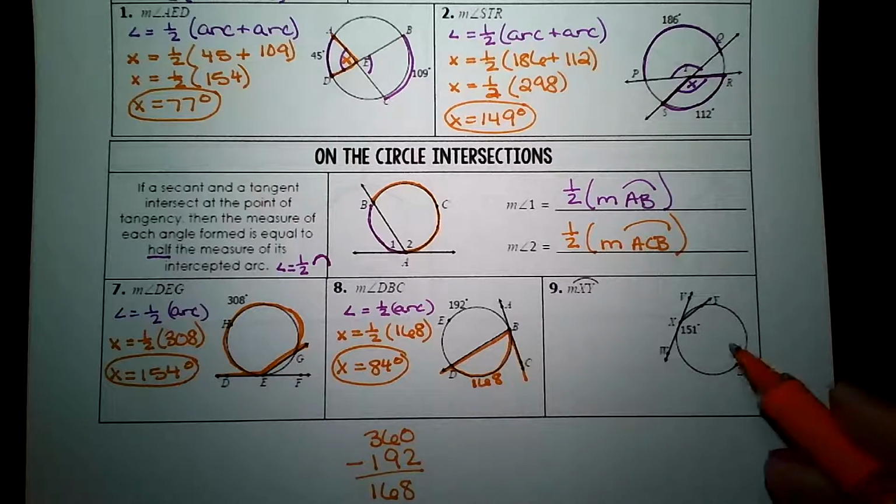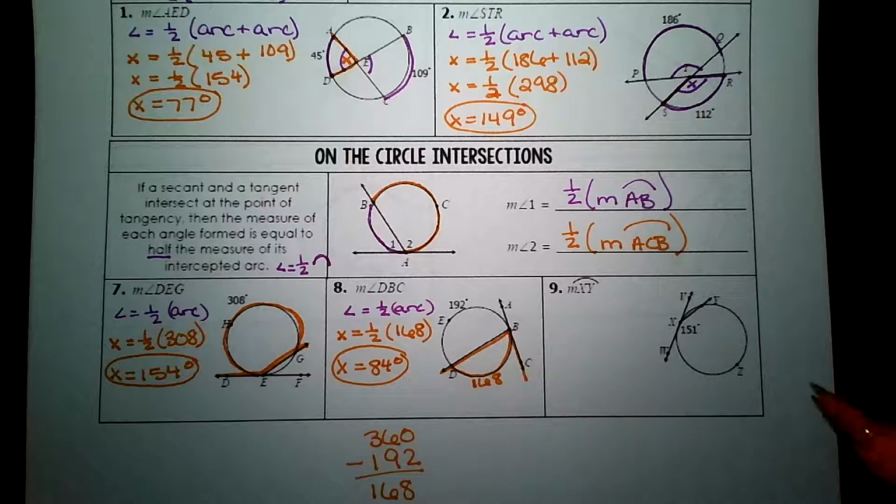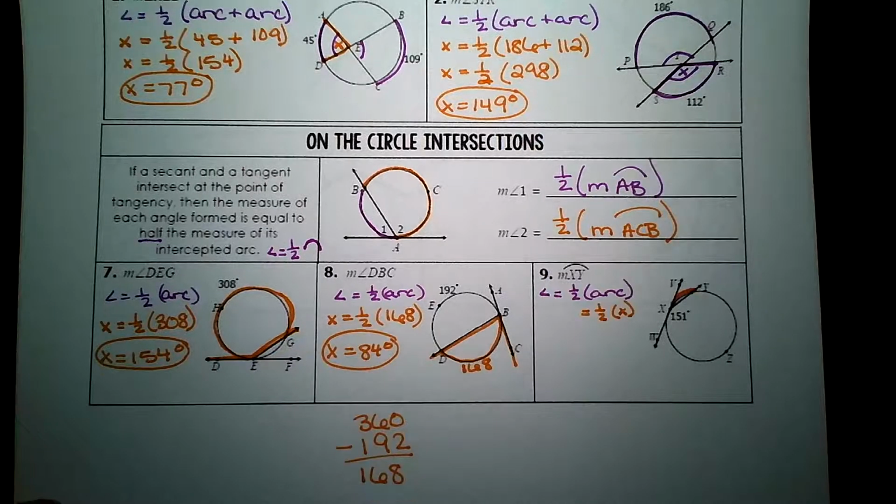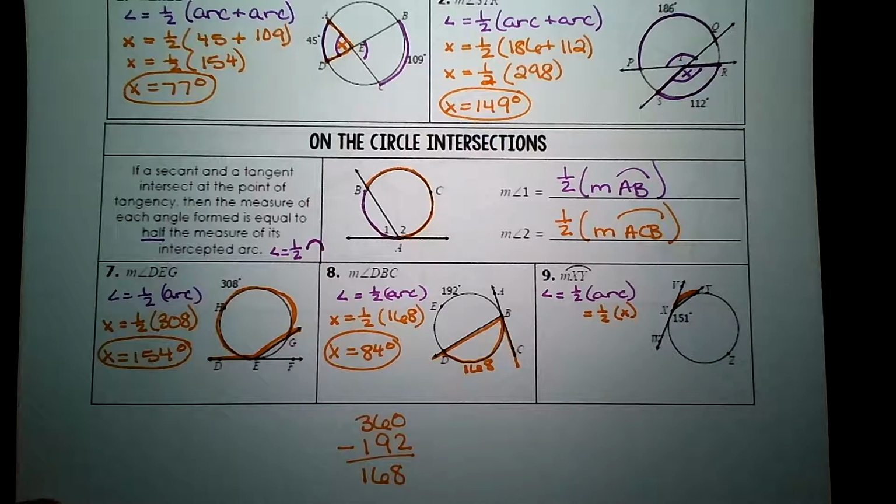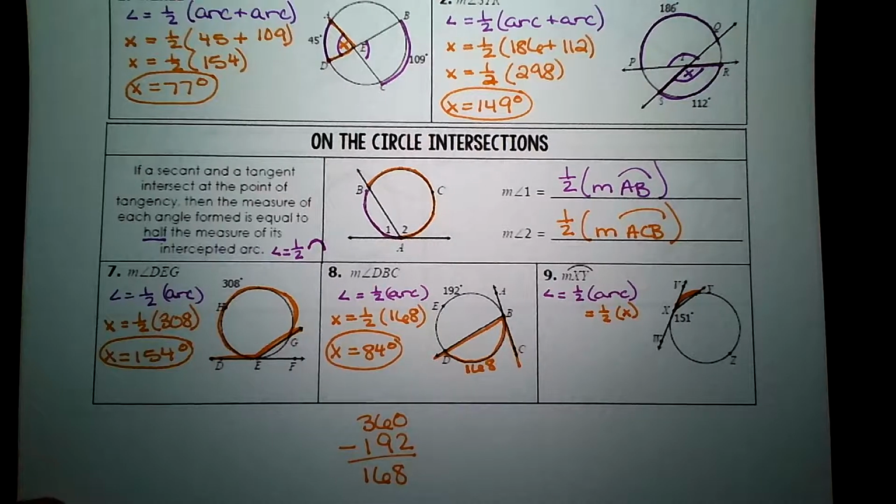Why don't you give the next one a try? I'm going to pause the video while you have a moment to look. Is there anything tricking you up on this one? Look at this question. They've switched it up on us. Now we're asked to find an arc.